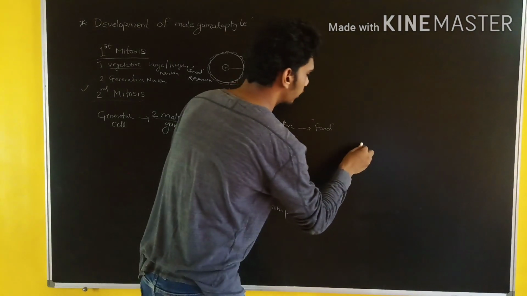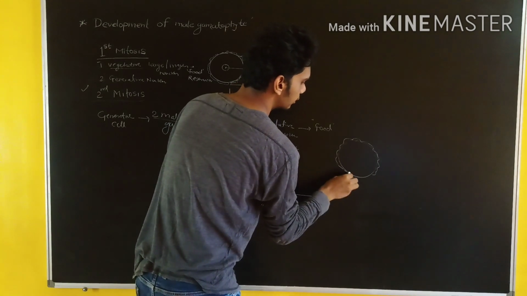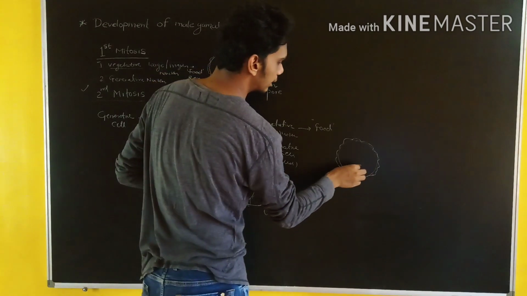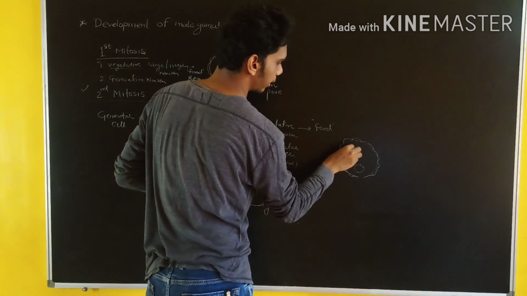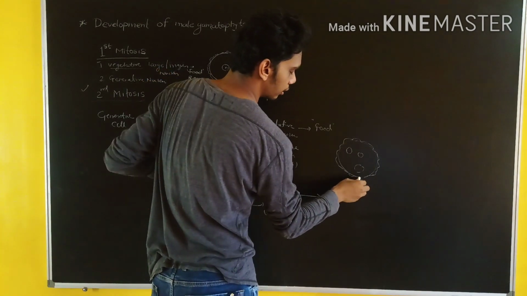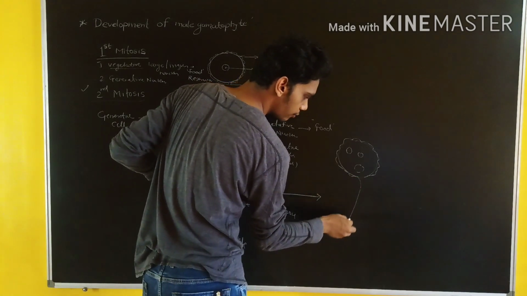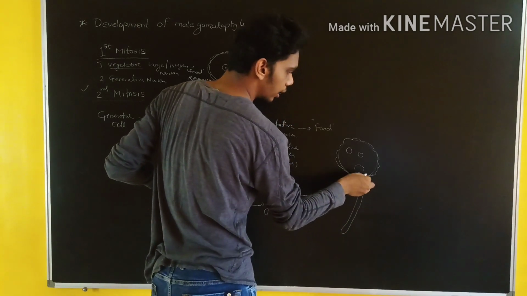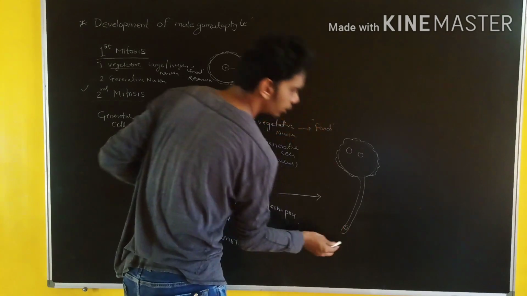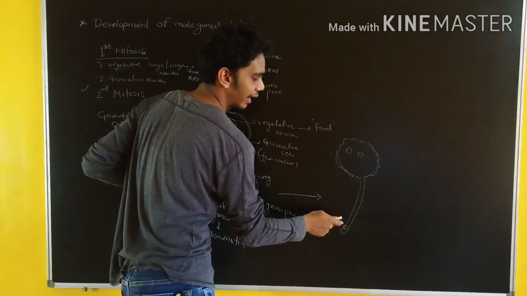What happened? Look at here. If this is a cell covered with the exine, and here is the germ pore, this vegetative nucleus descends down over here. See, this male gametophyte is here. This vegetative nucleus descends down at the base of the germ pore, and from that germ pore there is a formation of the pollen tube, and first this pollen tube is guarded by the vegetative nucleus, which comes at the base.